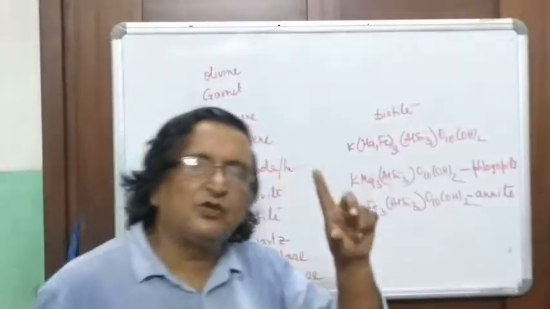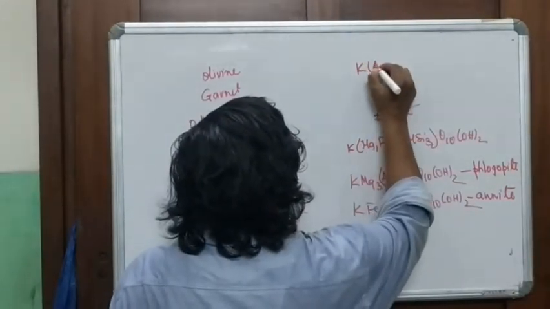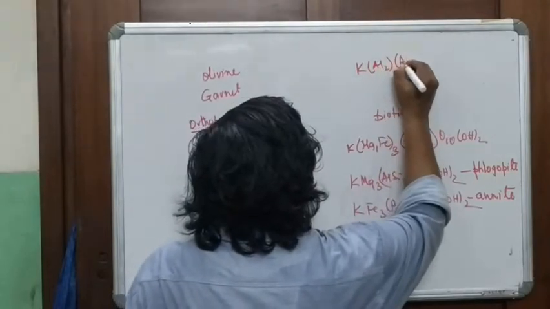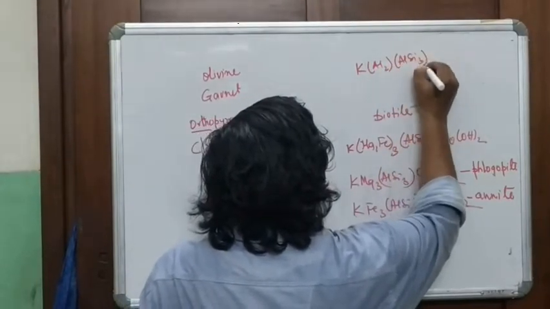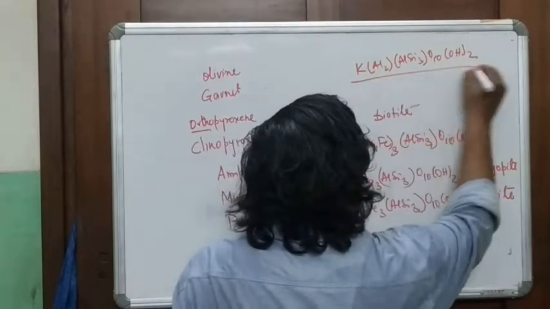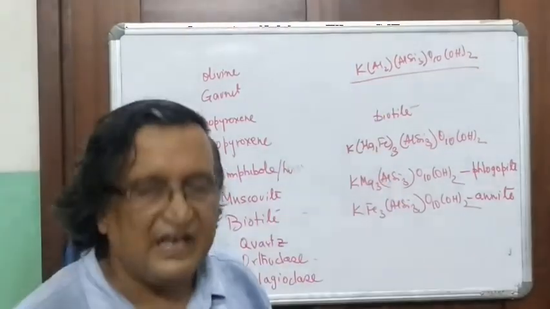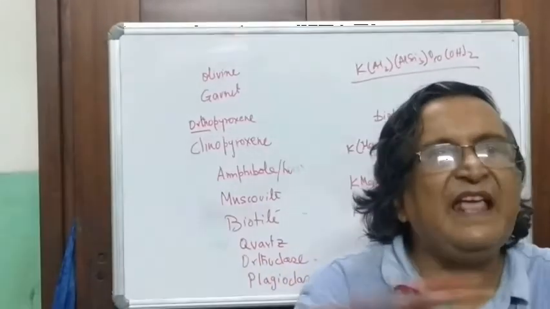You remember, muscovite is KAl2(AlSi3)O10(OH)2. So here there is no coloring matter. So muscovite is colorless. It's a colorless flaky mineral.